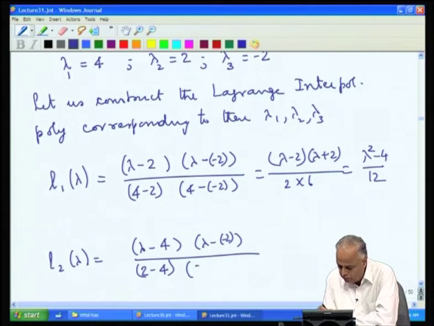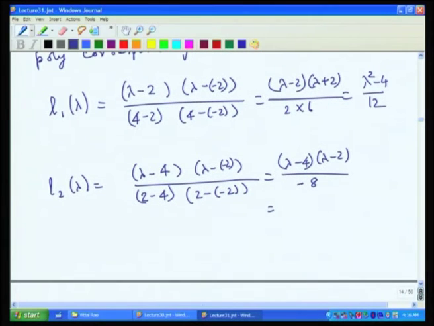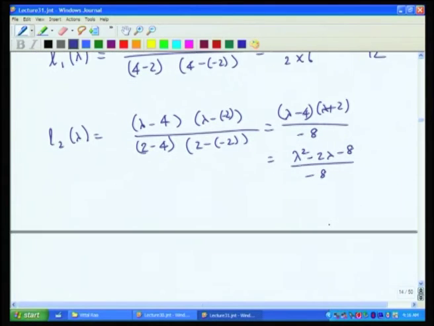So, it is 2 minus 4, 2 plus 2, which is lambda minus 4 into lambda minus 2 divided by minus 8, which can be written as lambda squared minus 6 lambda plus 8 by minus 8.